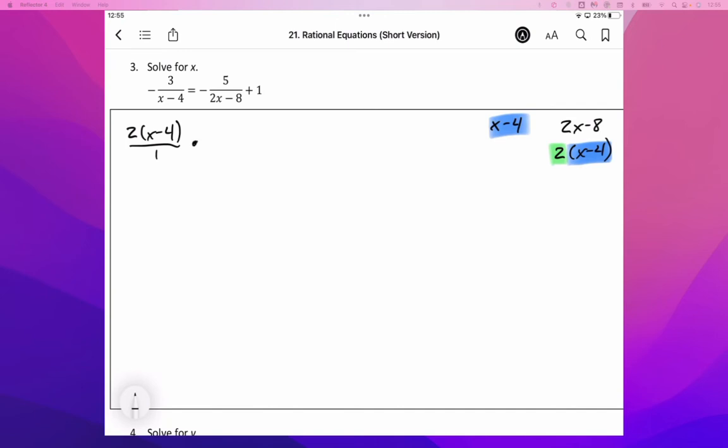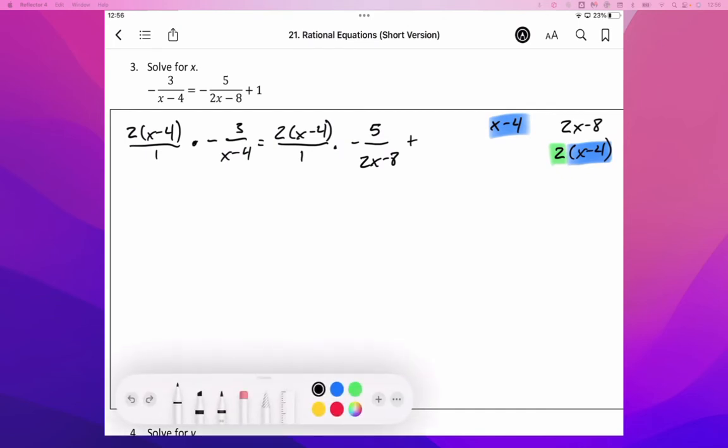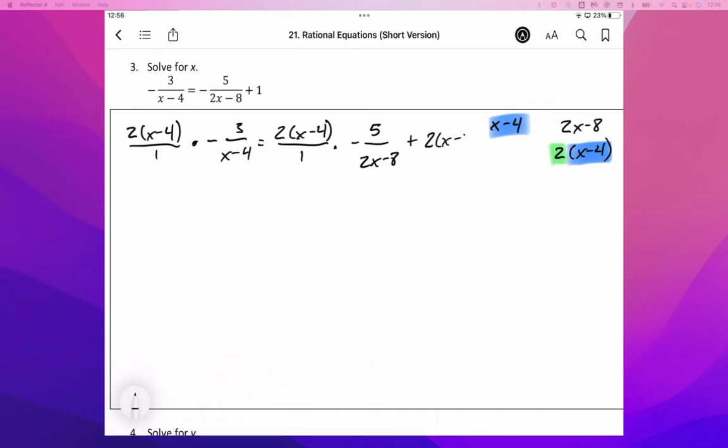So then times negative 3 over x minus 4 is equal to 2 times x minus 4 times that first part of this one, so negative 5 over 2x minus 8. Don't forget your negative there. It caught me earlier when I was trying to do this. And then plus 1, or we'll put the other piece first, 2 times x minus 4 times 1.